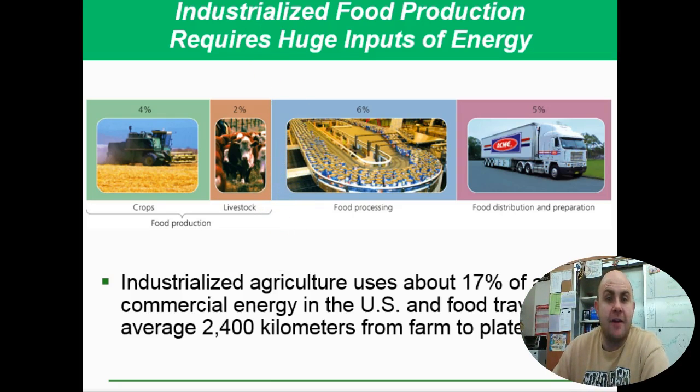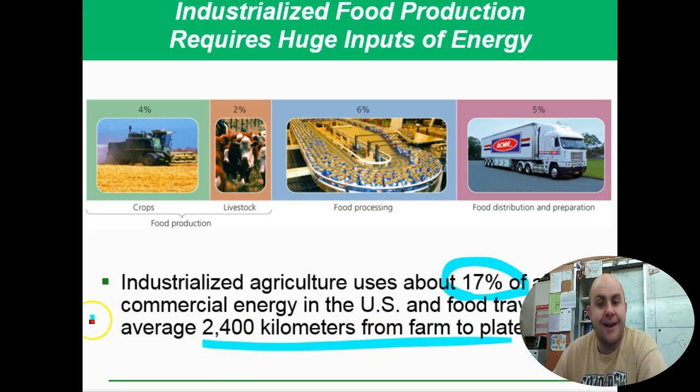We need to use a lot of energy to grow crops. Where does that energy come from? Where are the problems? Well, industrialized agriculture uses about 17% of all the commercial energy in the United States. It's a huge quantity. And so why? Well, there's 2,400 kilometers on average that are run in a vehicle to get food to your plate.